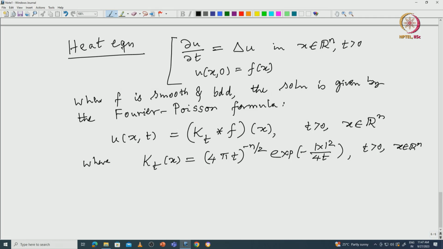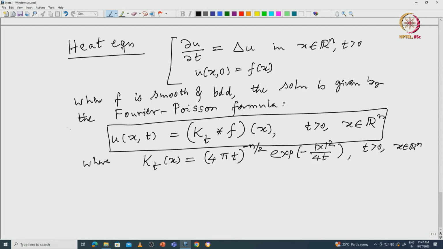So this u satisfies the heat equation, and u also satisfies the initial condition in the sense of limit, so that as t tends to 0, u of x, t tends to f of x, at least when f is smooth. Okay. So now we take this as the starting step and define this semigroup. So this is the semigroup generated by the heat equation.